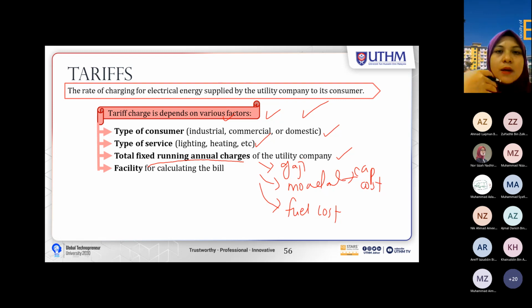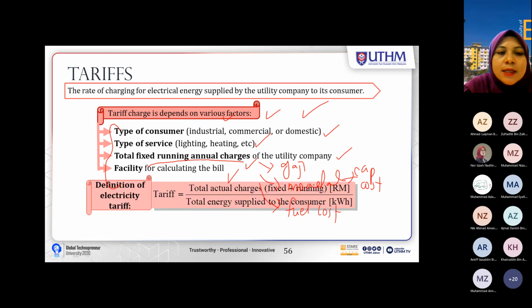Everything must have a cost. So the tariff is calculated by taking into account the fixed running annual charge too, and then the facility for calculating the bill. Maybe there are facilities used to calculate the bills. So all these things will go into our tariff.